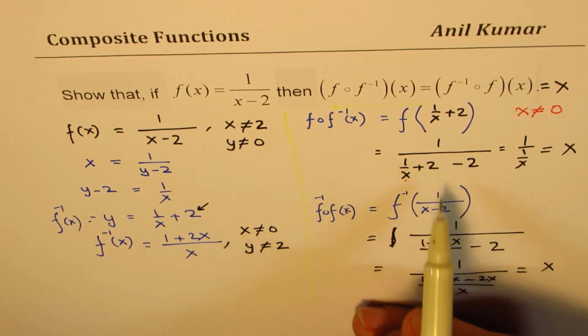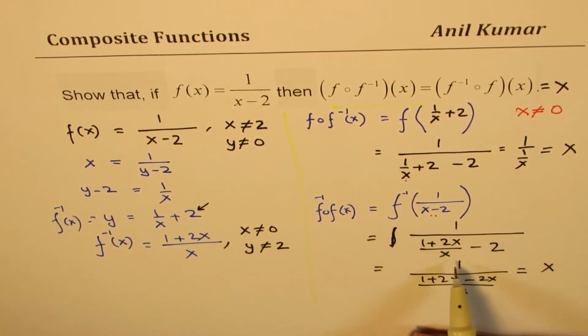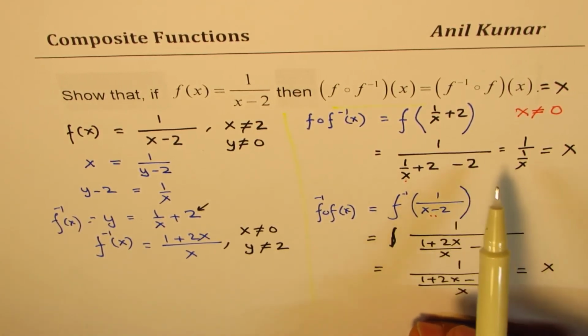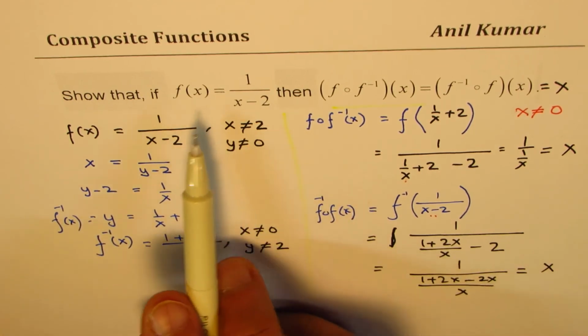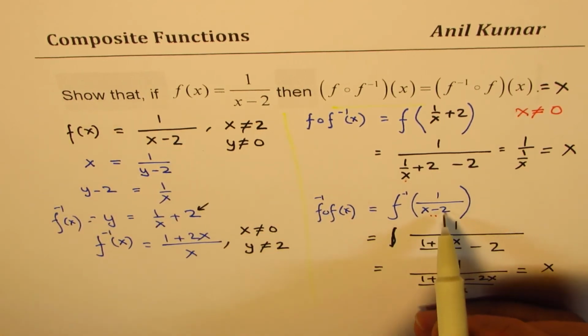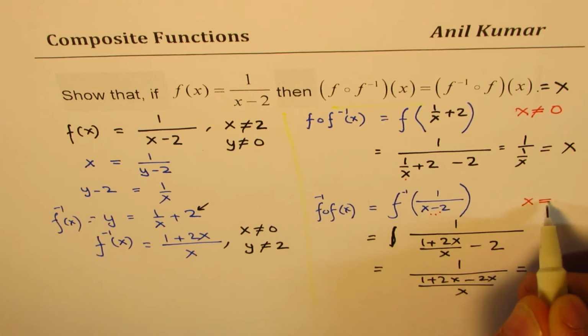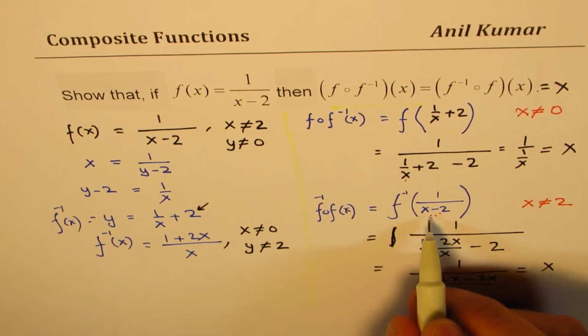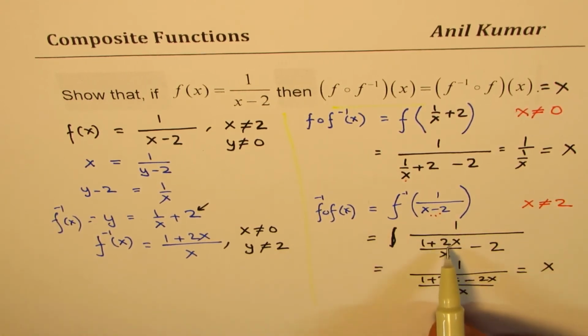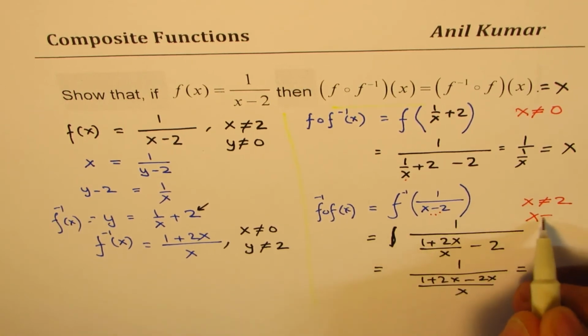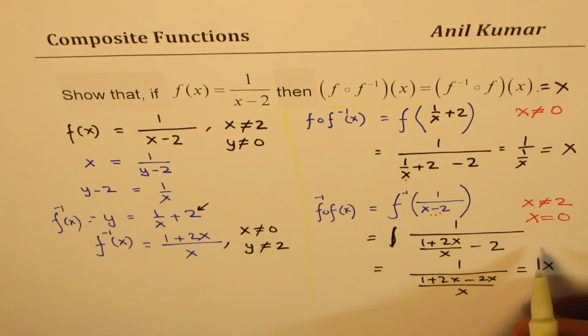Is it okay? Now when you calculate it further, you find that x is not equal to 2 also, since whenever you get this equation here, you get x is not equal to 2, right? Now when you substitute this value here, x cannot be 0 because that is not defined.